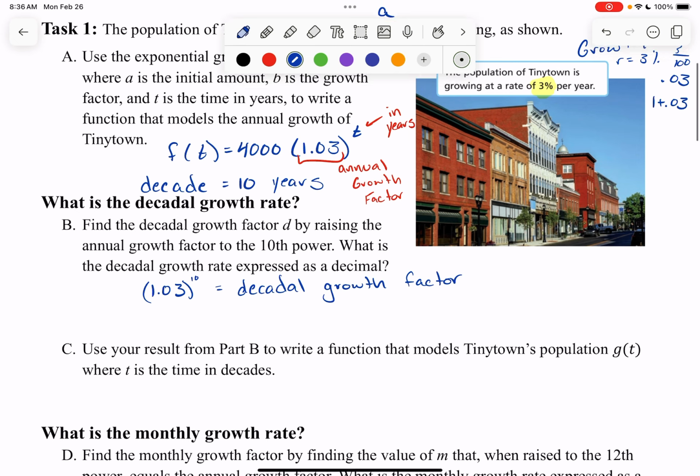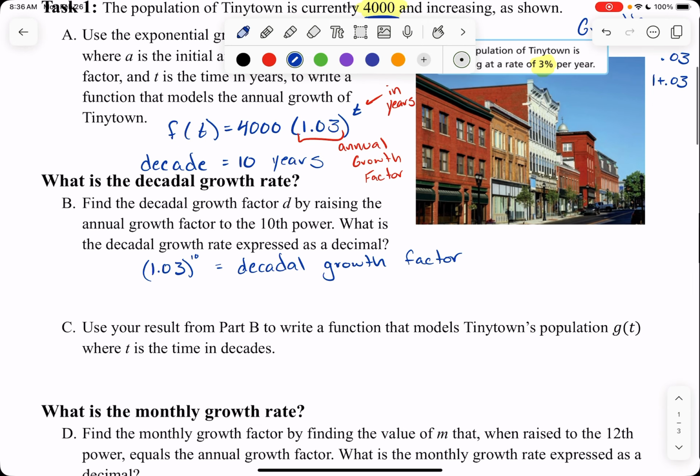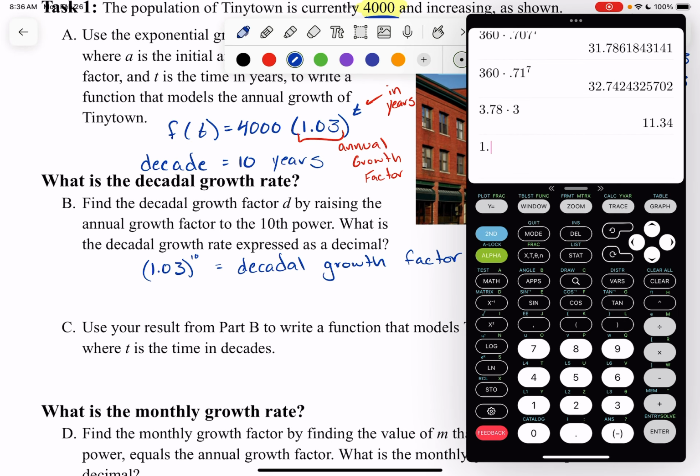So if we take my calculator, and I take 1.03 to the 10th power, I get approximately 1.344. Okay.